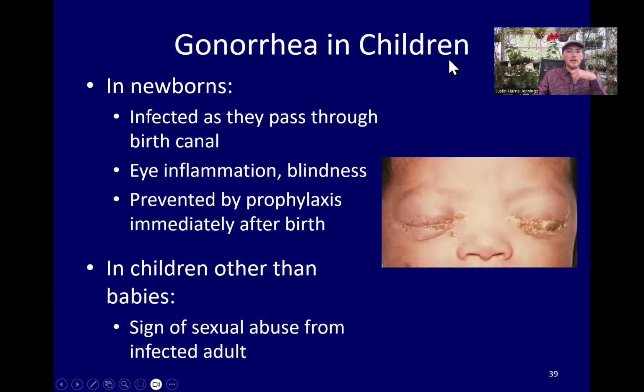We also have gonorrhea in children. So you give birth, and if you are infected with gonorrhea, that gonorrhea can get from the vaginal canal onto the infant. I always call them fetuses, even though they're fully formed babies.